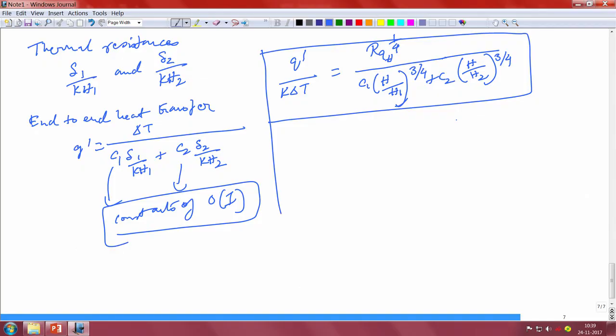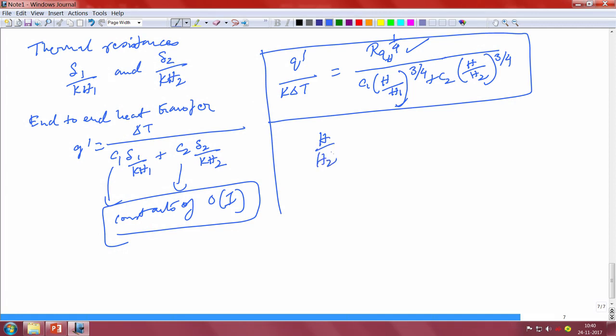So, h by h1 and h by h2 are the two parameters that come directly into this equation, because the Rayleigh number we have now cast in terms of h. h is the enclosure's overall height, and the partition heights we are playing with are h1 and h2. Let us see what happens when you play with those partition heights.